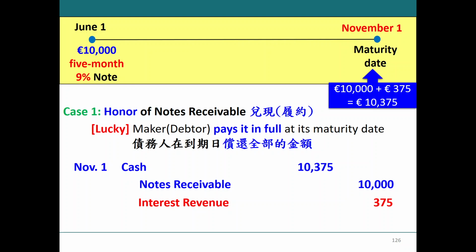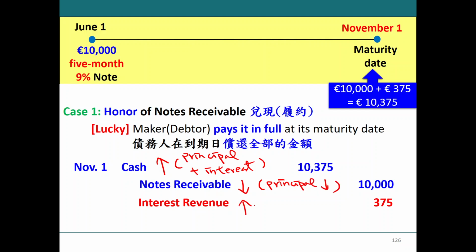And you earn 5 months interest. At the maturity day, you got principal and interest because you are lucky, and they don't owe you money, so your principal should be decreased. Also, you earned 5 months interest.